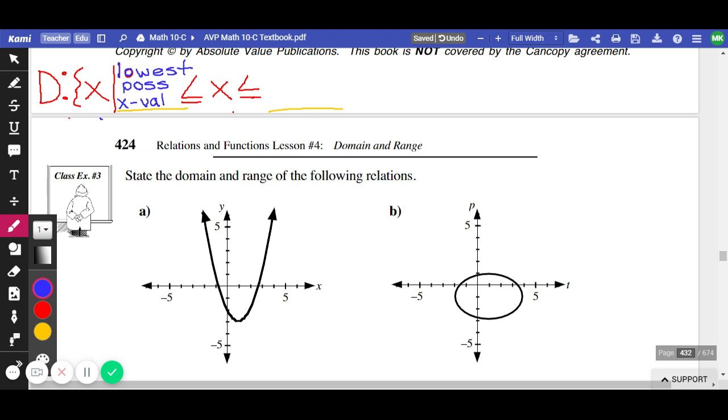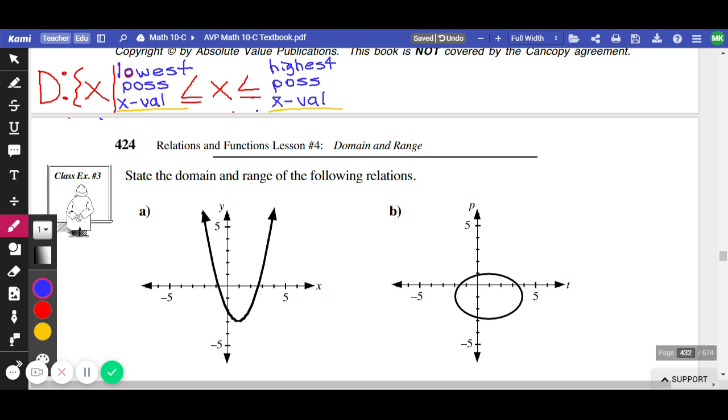The second blank is the highest possible x value. The reason this is just a general format is sometimes you don't have a lowest value and sometimes you don't have a highest value. I'll show you examples of that. But for examples that do have a highest and lowest, this is exactly what it would follow.